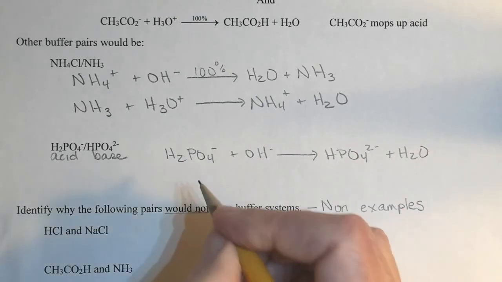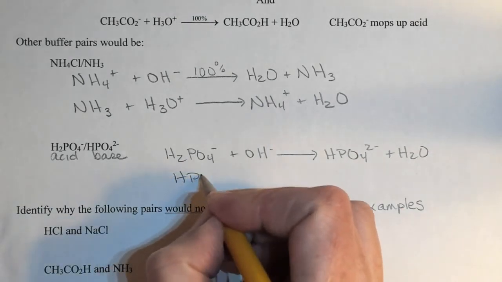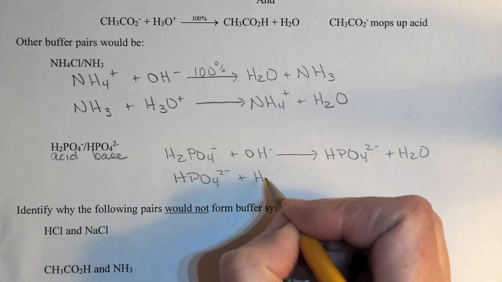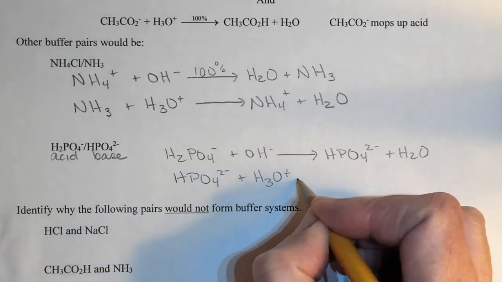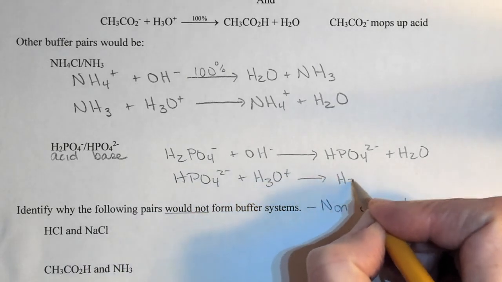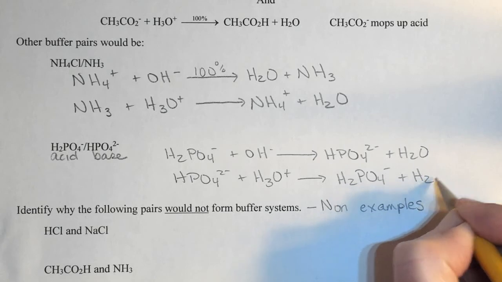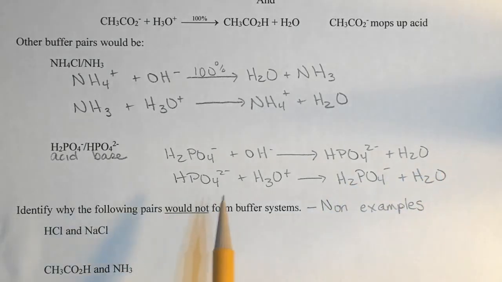And the HPO42 minus will react with hydronium ion to form H2PO4 minus plus H2O. So it's important here that you have the conjugate acid-base pair.